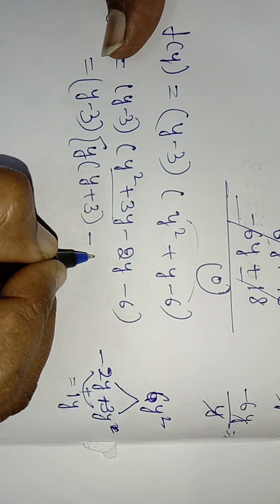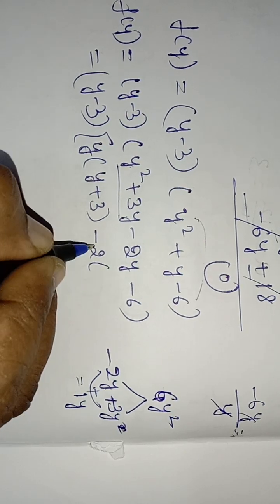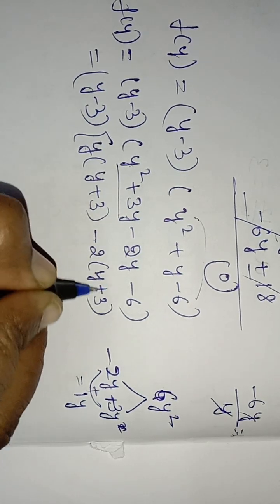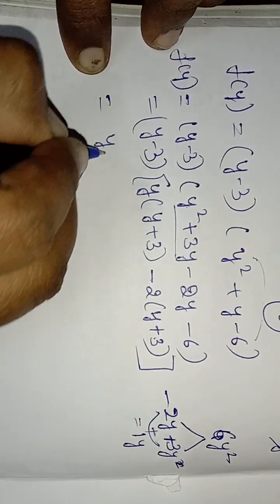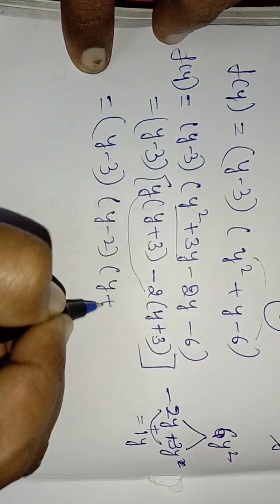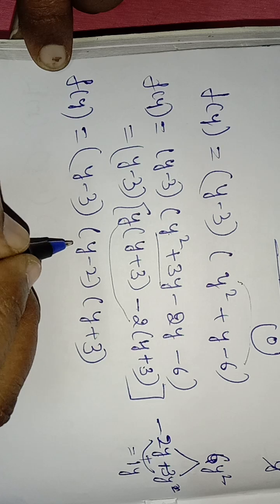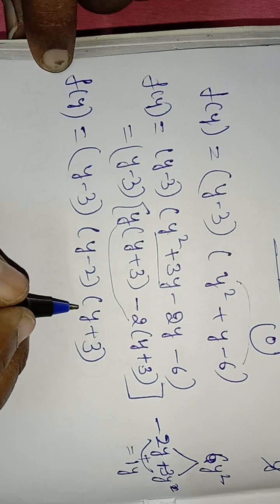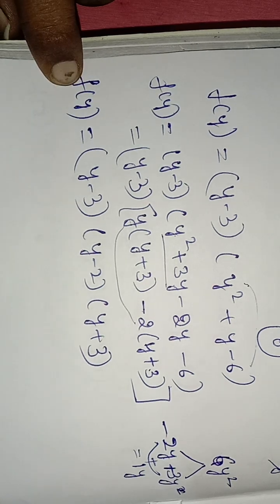Minus 2, I am taking common: minus 2 into y plus 3, see here, minus 2 into y, minus 2y, minus 2 into 3, minus 6, right? So y plus 3 I am writing as common: y minus 2, y plus 3. So f of y we can write as the product of y minus 3, y minus 2, y plus 3. Okay, these are the factors. The other two factors are these two. So with this your session is completed.